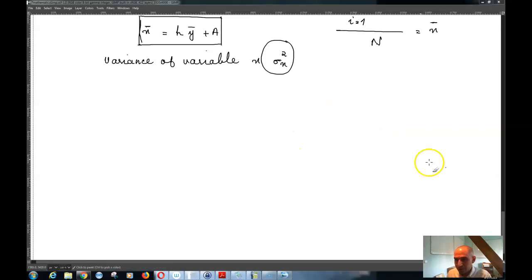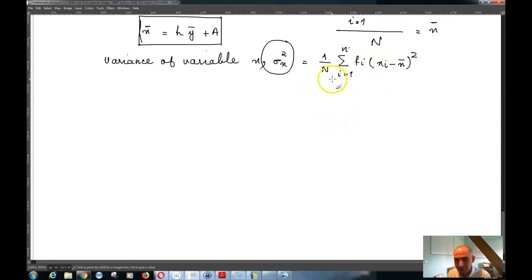So now I know that the variance of the variable x, which is sigma of x whole squared, we calculated as 1 over n sigma of f of i times x of i minus x bar whole squared, as i goes from 1 to n.